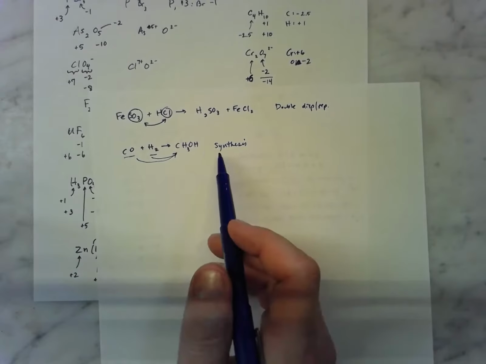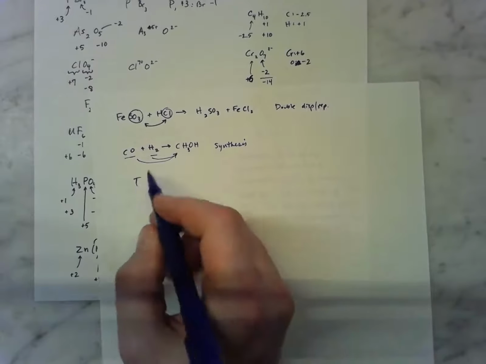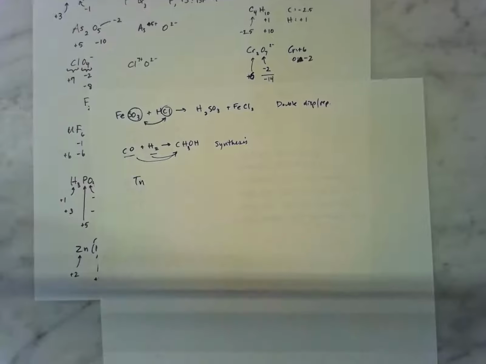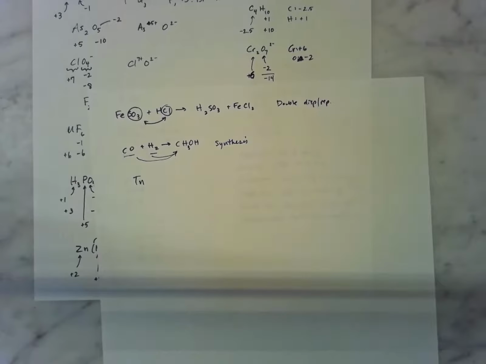Okay. Tungsten metal is produced by reacting tungsten oxide. Of course, now I can't find tungsten on here. Ugh, rats, where is it? Okay, well. Ugh, terrible.